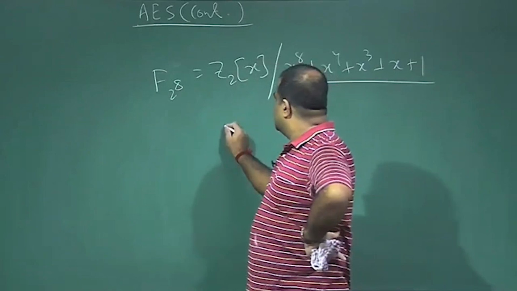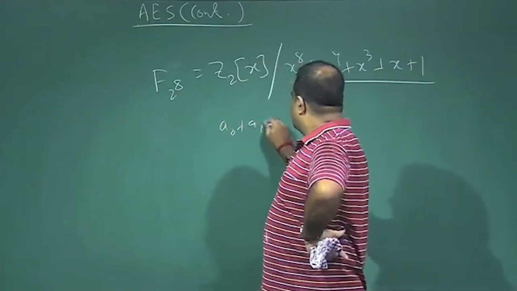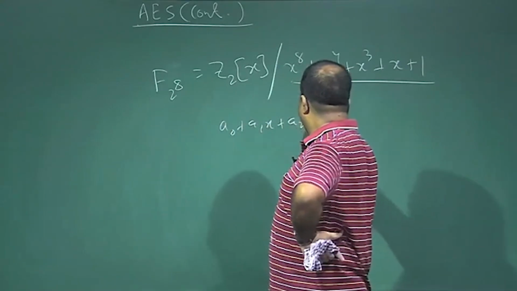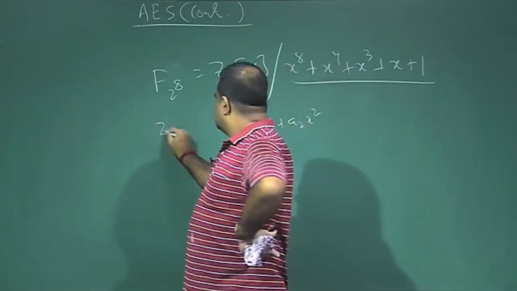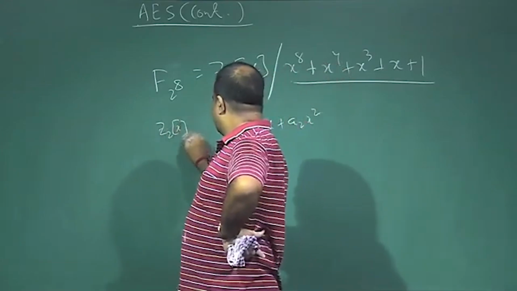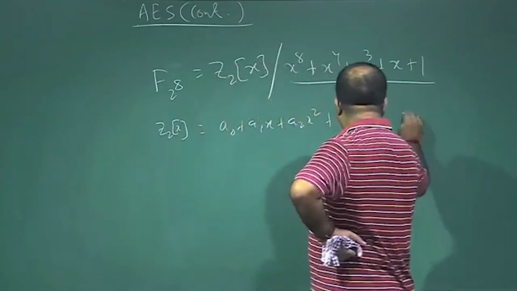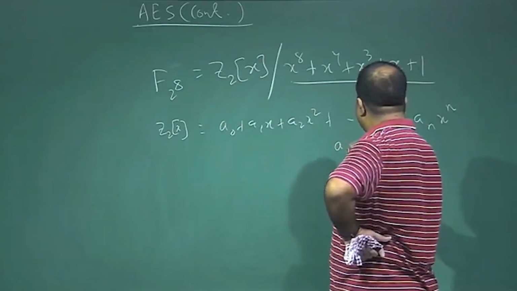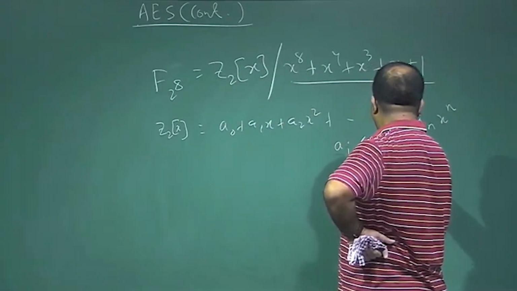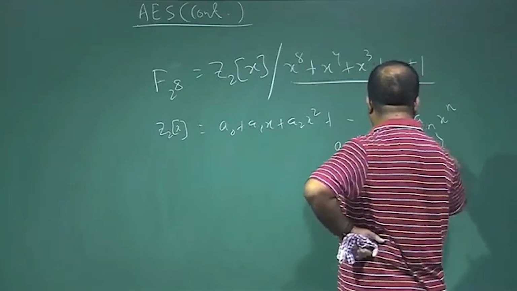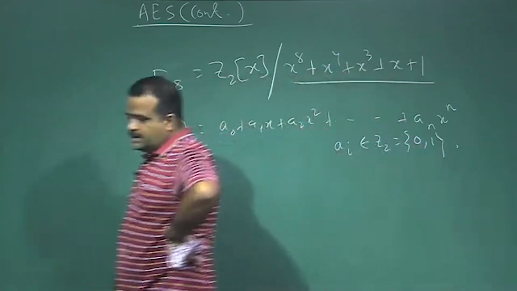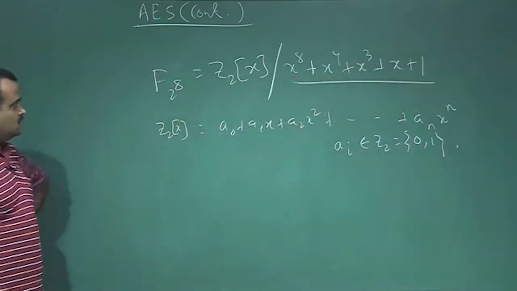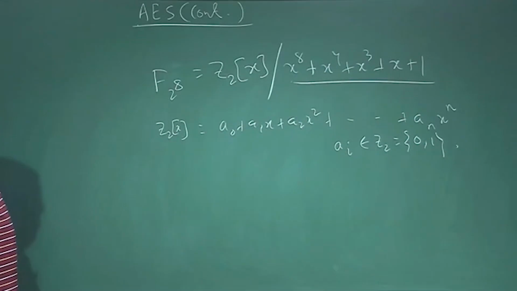So it is like a0 plus a1x plus a2x square, dot dot dot, of any degree, so x to the power n could be anything, where the ai's are coming from Z2, which is basically 0 and 1. So this is a polynomial whose coefficients are binary.